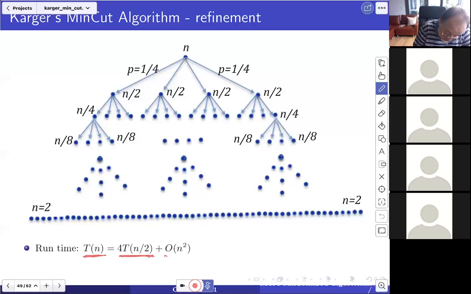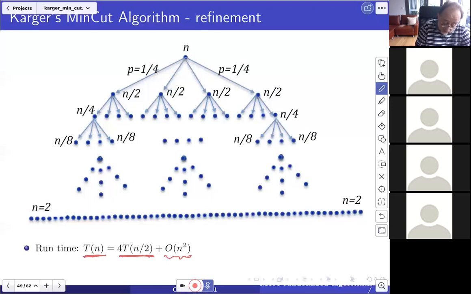And the contraction, of course, takes O of n squared operations, right? Because when you update your graph, after you contract vertices, you have to inspect all the edges, and the edges that are affected by contraction.